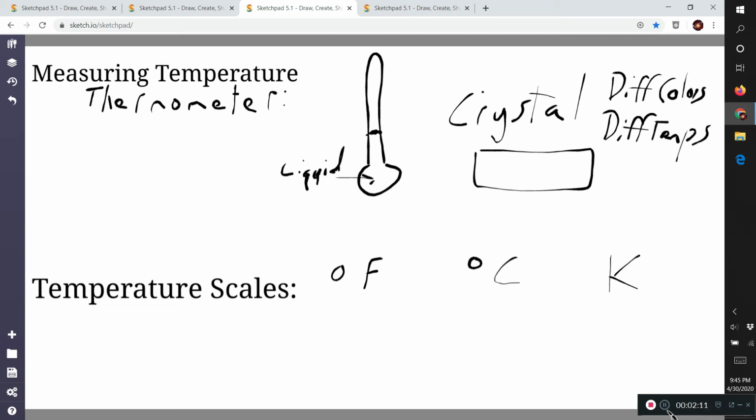So the boiling point of water is 212 degrees Fahrenheit, 100 degrees Celsius, or 373.15 Kelvin.